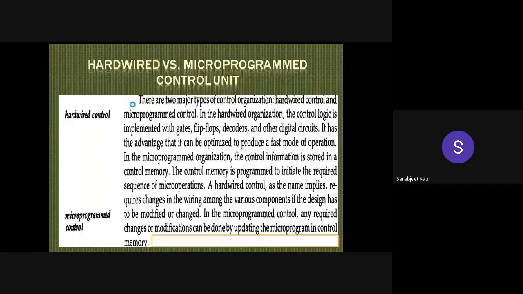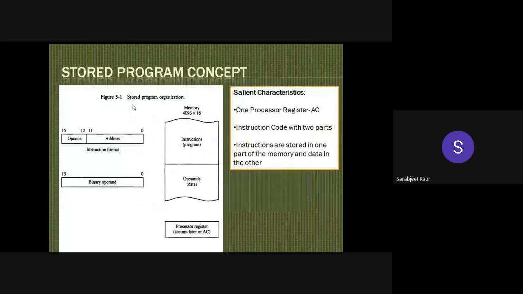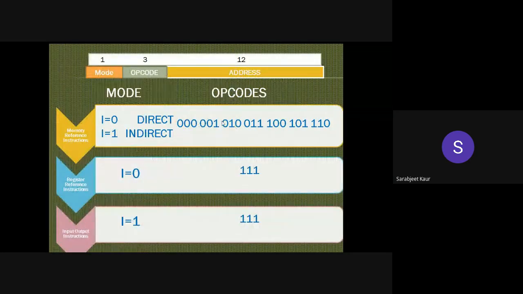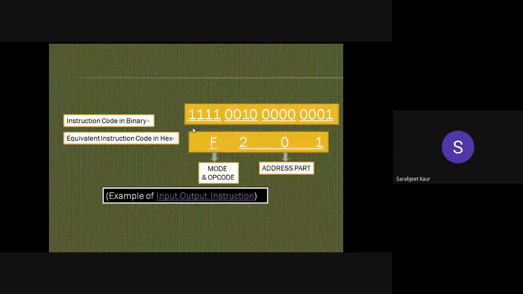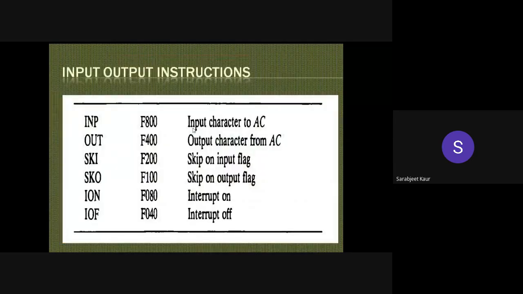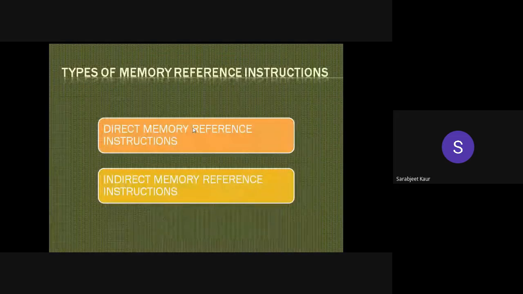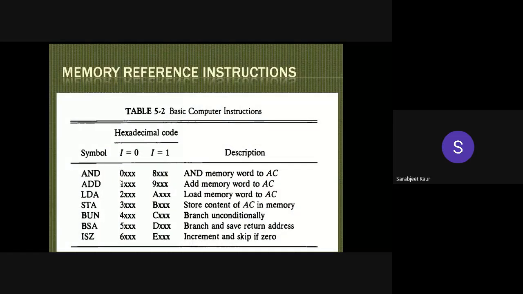For example, if the opcode was 000, then the operation was AND. If it was 001, then it was ADD. 010 is LDA, 011 is STA, and so on and so forth. Is this clear?